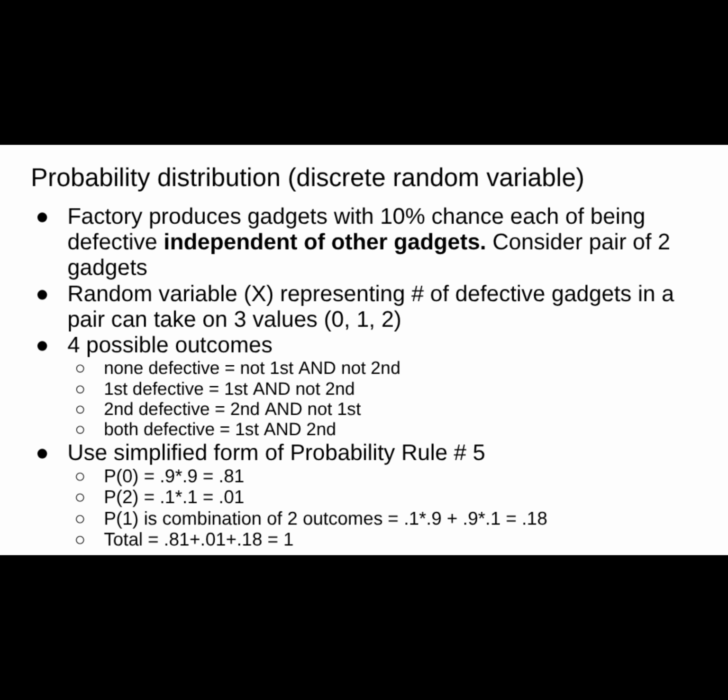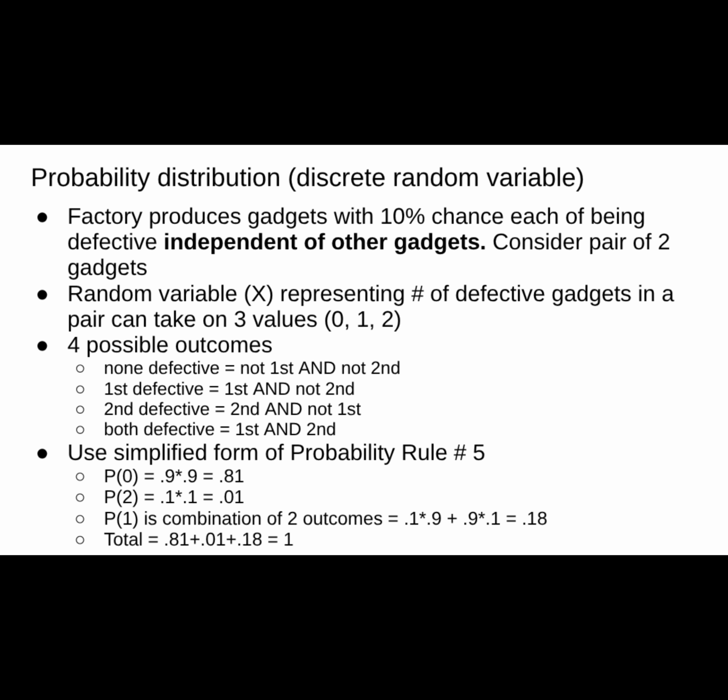Since we said that the gadgets are independent, we use the simplified form P of A and B equals P of A times P of B. The probability of a gadget being defective is 10% or 0.1, so the probability of it not being defective is 0.9. So P of 0 is the probability of not the first times not the second, equals 0.9 times 0.9, which is 0.81 or 81%.